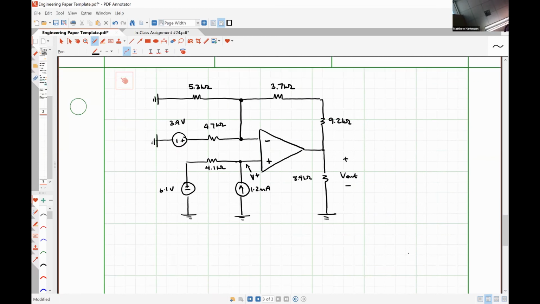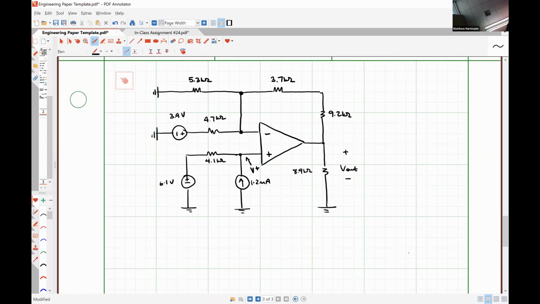Just for reminder's sake, those two rules are: number one, there is no voltage difference between the input terminals, which means that the voltage I have labeled as V+ is the same as the voltage V-, which is right here.